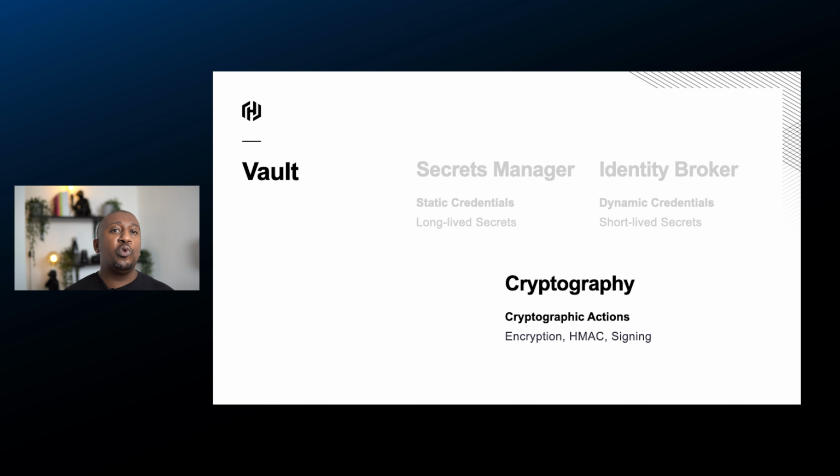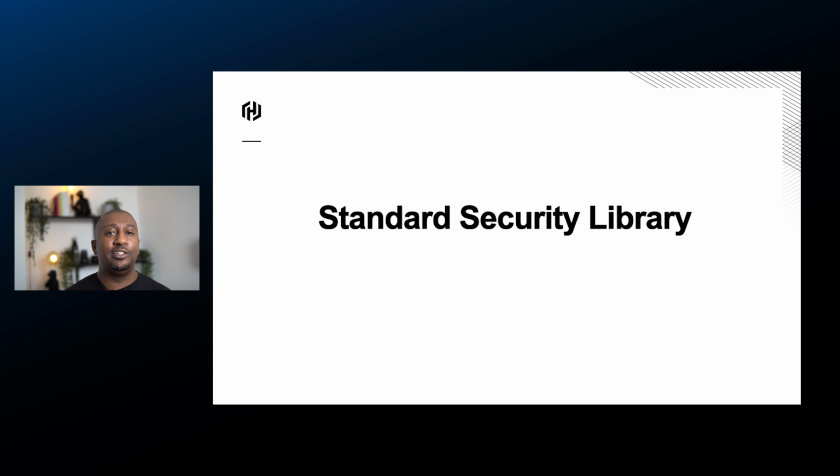So with all of this context here, I'd like you to think of Vault not only as a secrets management platform, not only as an identity brokerage, not only as cryptography as a service, but I'd like you to think of it as a standard library for security. And you are delegating a lot of the responsibility for security back to Vault. So with that context, we now understand what Vault is.